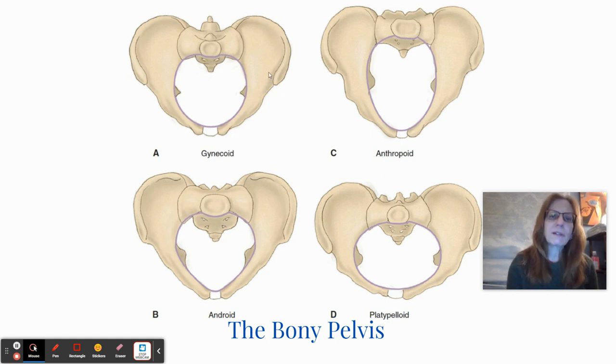It was always considered that gynecoid is the most favorable shape because it's rounder. It has wider diameters. But newer research is suggesting that there's a wide variation in the shape of the pelvis and that the pelvis can change under the influence of hormones during pregnancy to expand, to become a little more flexible, a little more mobile.